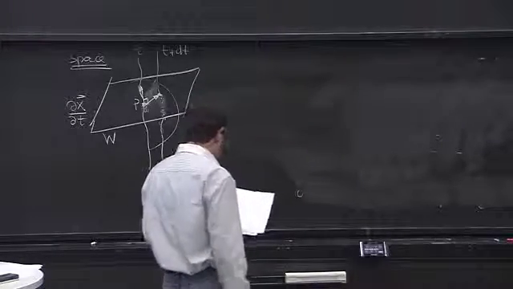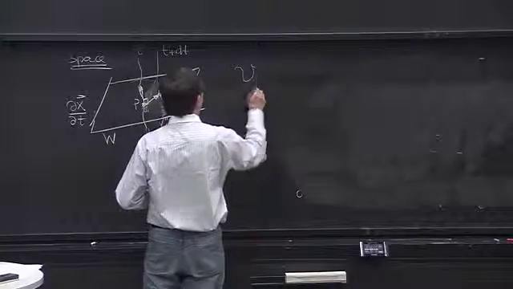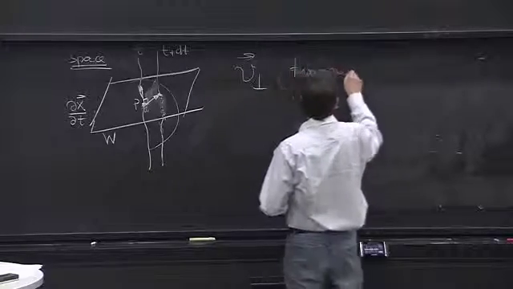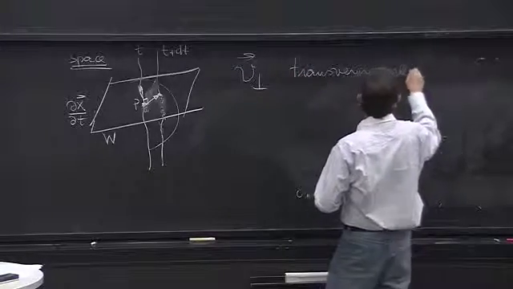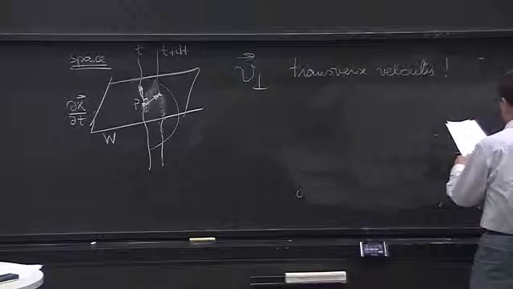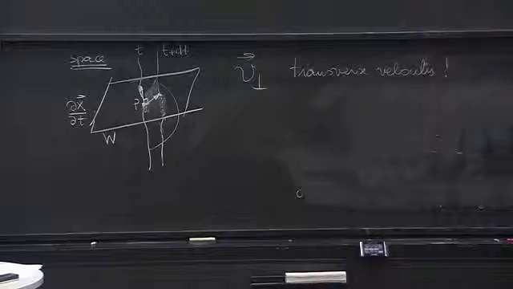This is called V-perp, the transverse velocity. It's a very fundamental concept. You assume that the point moves perpendicular to the string at that point.